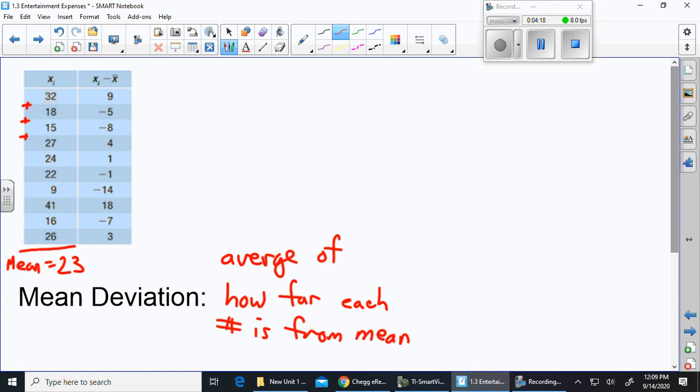Then for the next column, I subtracted 32 minus 23, 18 minus 23, 15 minus 23. Remember that x bar is the symbol for mean. So you take the number minus the mean. But what happens is some can be positive, some can be negative.